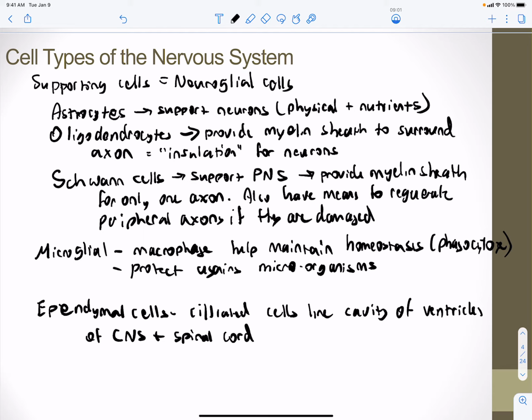Now they're going to secrete the cerebrospinal fluid into the ventricular system, and the cilia allow for the circulation of the cerebrospinal fluid.